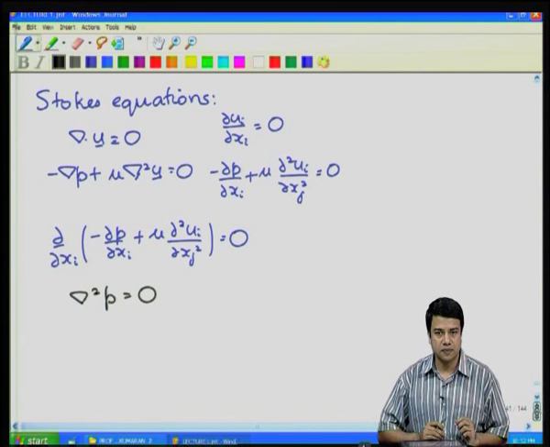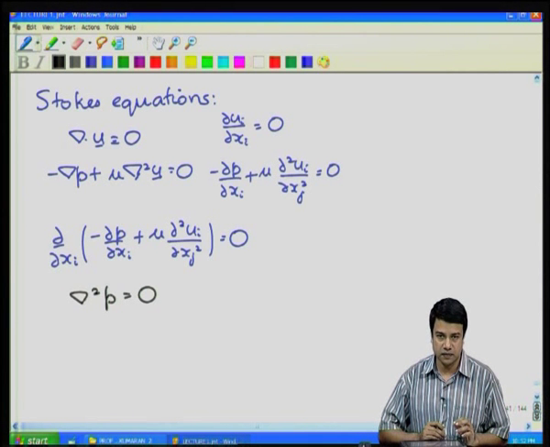So, using this one can evaluate the pressure, and now the pressure is an inhomogeneous term in the momentum conservation equation for the velocity. So, since it is an inhomogeneous term, the momentum conservation equation is an inhomogeneous linear equation for the fluid velocity. This can be solved by separating out the solution into two parts.